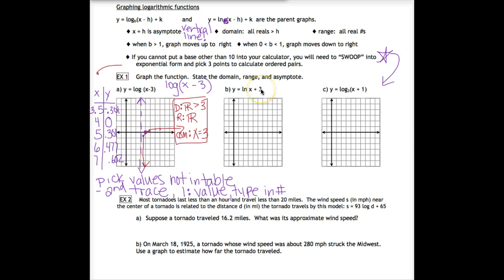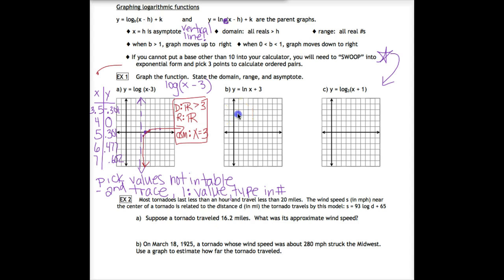Don't put them in, because if you put in parentheses, that's making 3 an h value, where this is intended to be a k value. This is a shift up 3. So normally, logarithmic graphs start at 1, 0, or in some cases, with natural log, it's going to be 0, 0. So this means I'm going to shift it up 3.